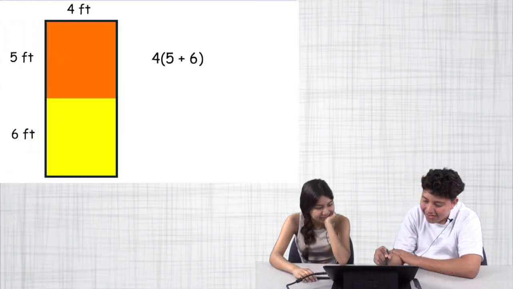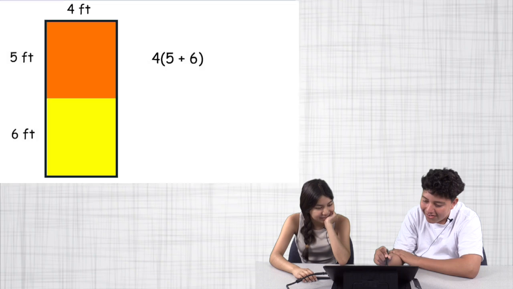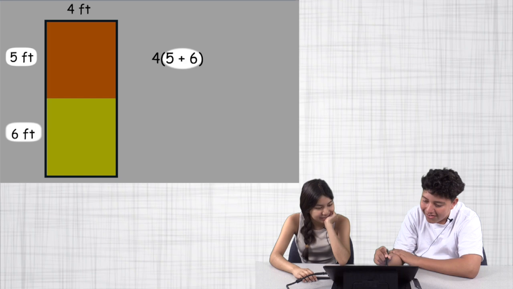Emily and Mauricio remembered their work from a previous lesson. They had used the distributive property in the context of Jamal's vegetable garden. They used parentheses to express the area as the width, 4 feet, times the length, 5 feet plus 6 feet.